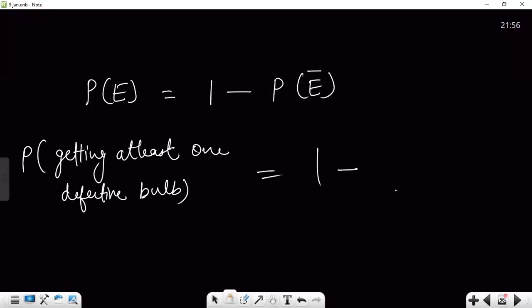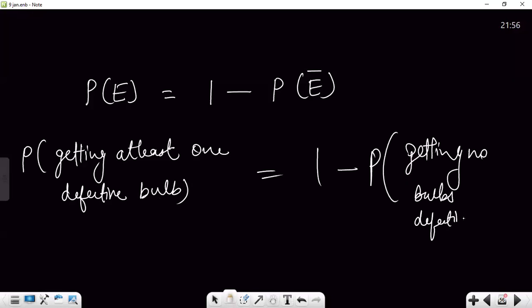So it will not happen when we discuss the probability of getting no bulbs defective. Is that clear now? The probability of any event is equal to 1 minus the probability of the event not happening.